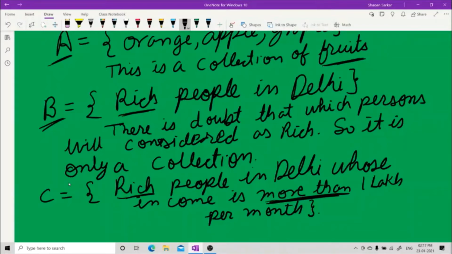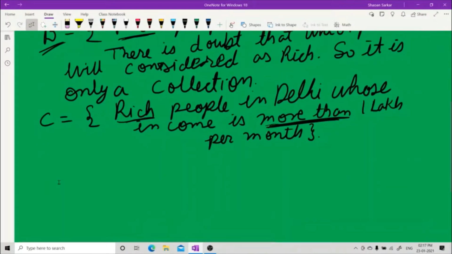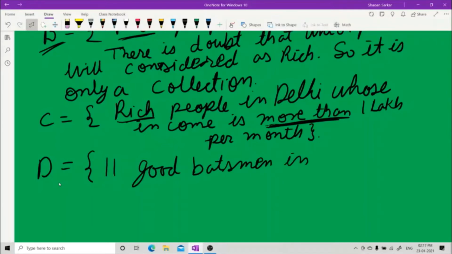Now see this. एक एग्जाम्पल देखा होगा क्लास 11 की किताब में. 11 good batsmen in the world. Now here you see there is no restriction like more than, less than, so this is not a set. यहाँ पे गुड बैट्समैन है, कोई किसी को गुड बोलेगा, कोई किसी को गुड बोलेगा, तो यहाँ पे थोड़ा कंफ्यूजन है इस वाले D वाले में.